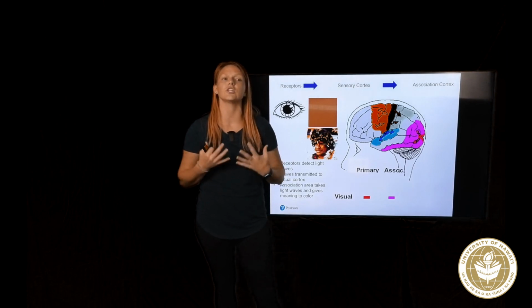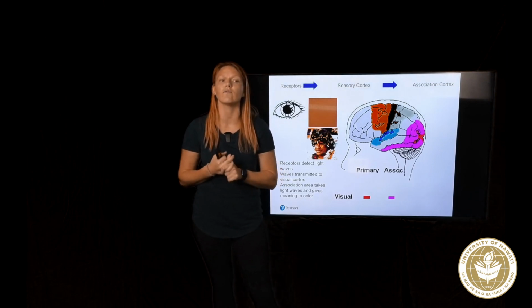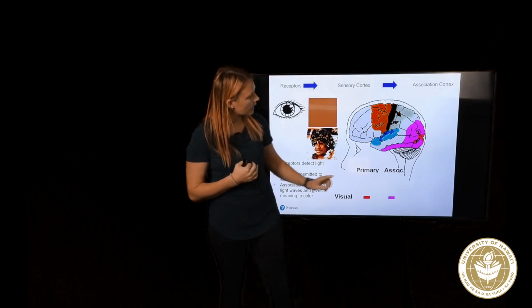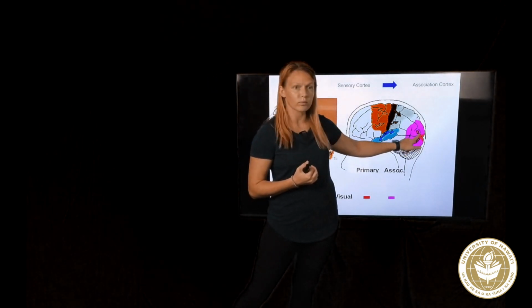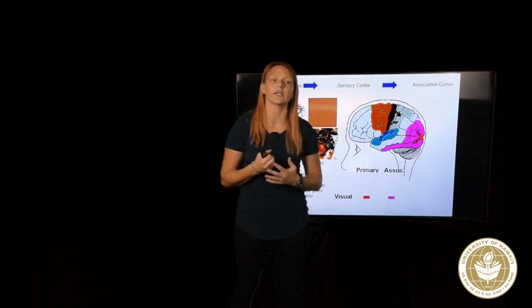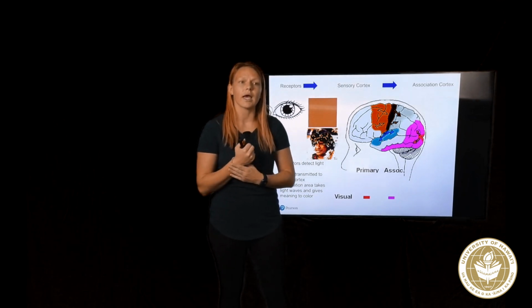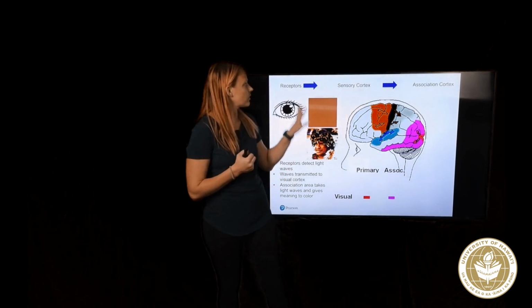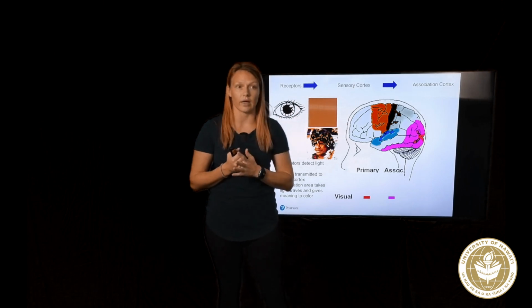So again, for these visual areas, we have the primary visual cortex. Again, it's back here in red on that extreme posterior tip of the occipital lobe, and it receives visual information from the receptors in our retina.